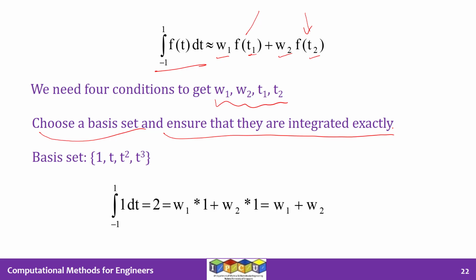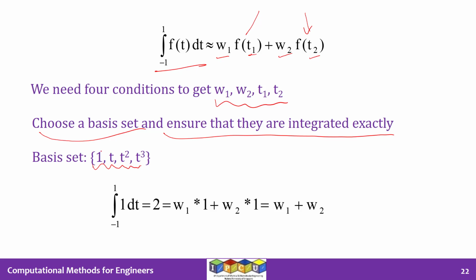So here I'm going to take the basis set to be these four elementary functions in T. 1, T, T squared, and T cubed. You are welcome to take any basis set as long as it works for you. You can take your basis set to be Chebyshev polynomials or Legendre polynomials or Laguerre polynomials, anything that fancies you. But let's keep it simple here.